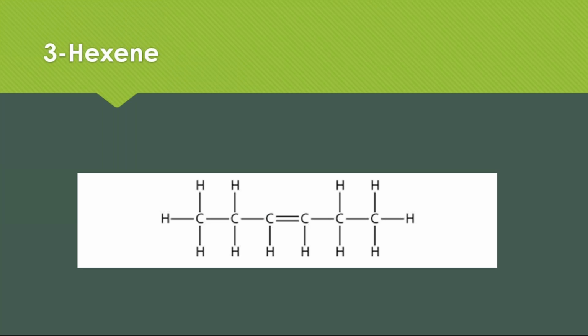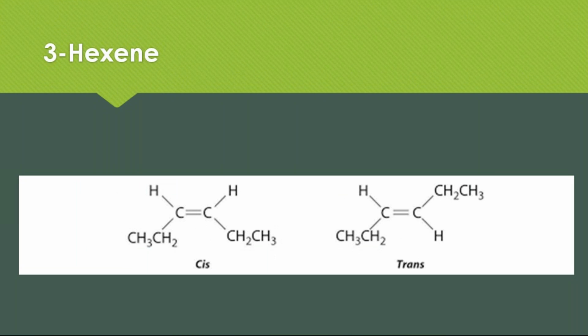So you have two different groups, and there is a possibility of geometrical isomers. You can see cis 3-hexene and trans 3-hexene. In cis, the ethyl groups are on the same side, whereas in trans, the ethyl groups are on opposite sides.